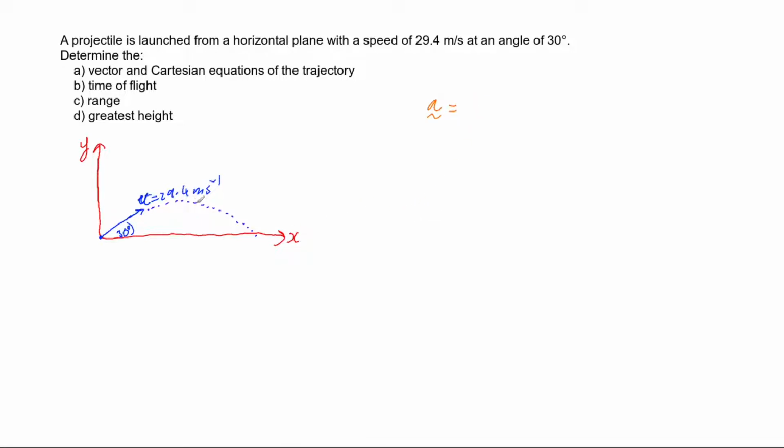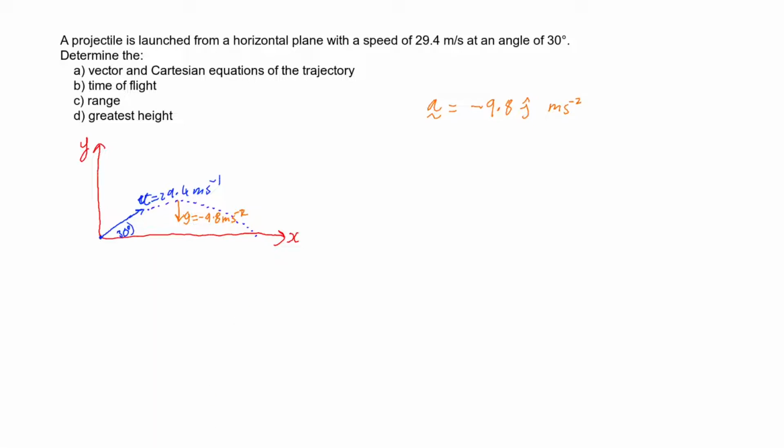Now, we might think we're not told about acceleration, but there's always an acceleration downwards due to gravity of 9.8 meters per second squared. So we're going to call this gravity negative 9.8. There's no horizontal acceleration, but we do have a vertical acceleration of negative 9.8, so it's in the j direction, and we can put on our units and we have our acceleration.